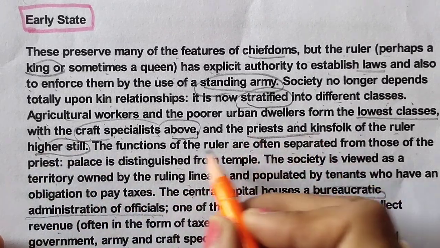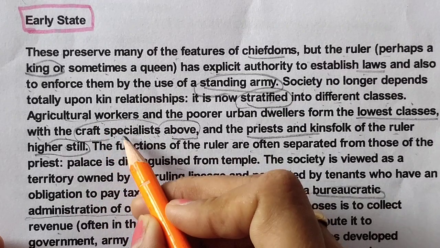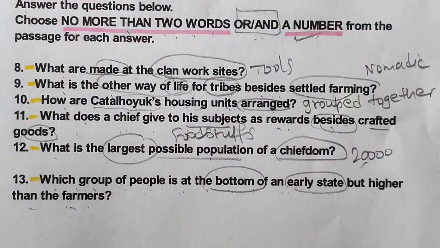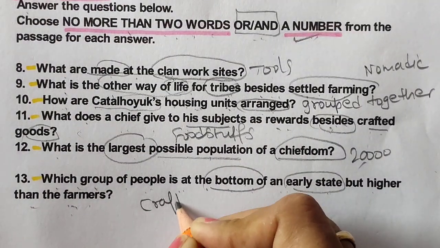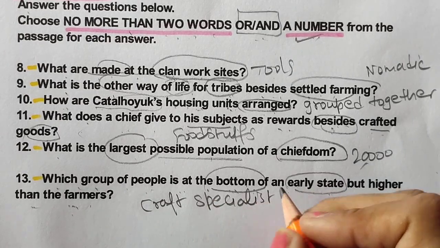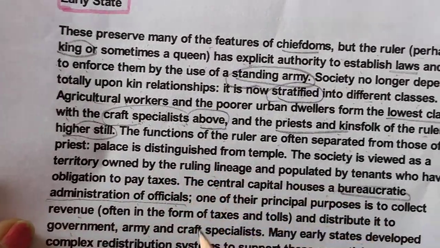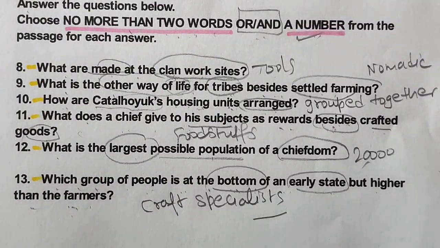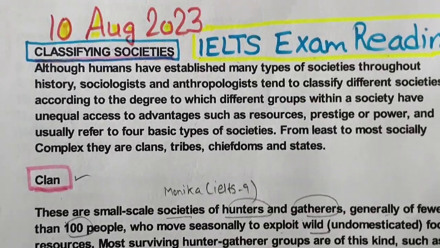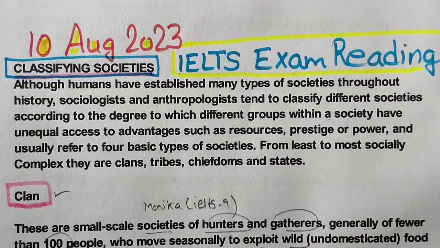So these are higher and this is just above the farmers. So I will write craft specialist. Please note the spelling: if there is an S, I will write the S also. We have done this reading in less time, although I have explained everything. Thank you so much.